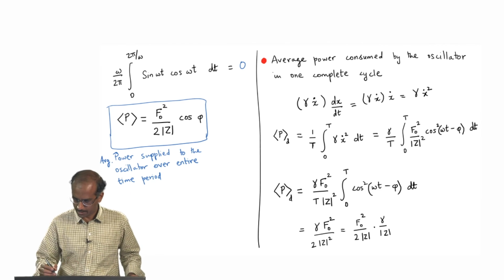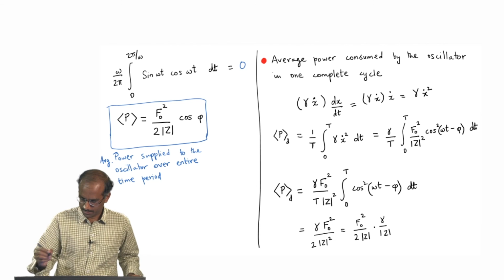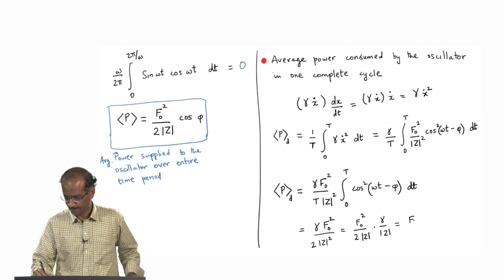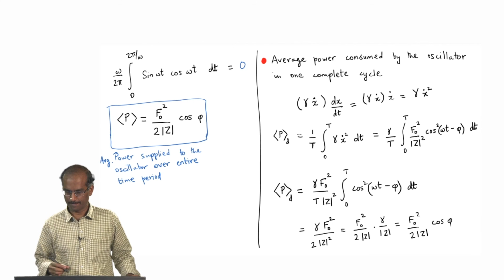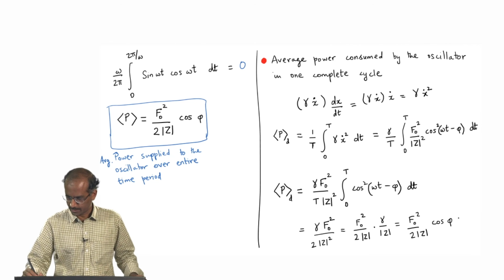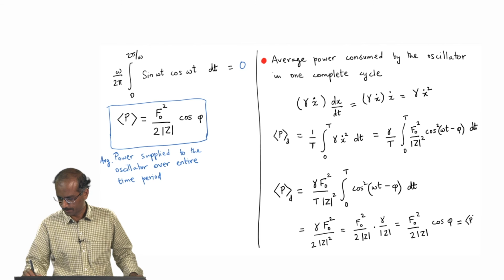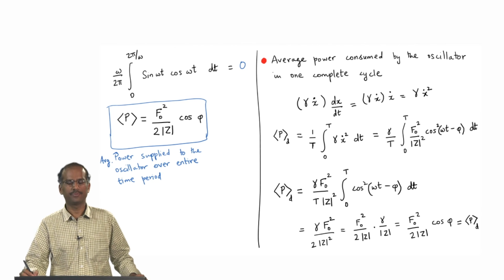So, I can go back and write this quantity as f 0 square by twice mod z multiplied by cos phi, okay, and that is simply our average power dissipated.